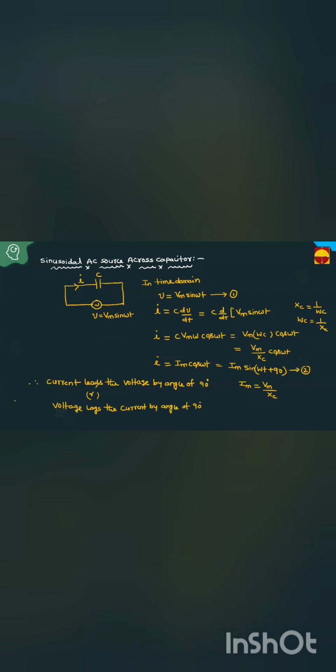Now you have to write in frequency domain. In frequency domain, V bar equals I bar into Z. What is Z? Capacitive impedance, I will explain.